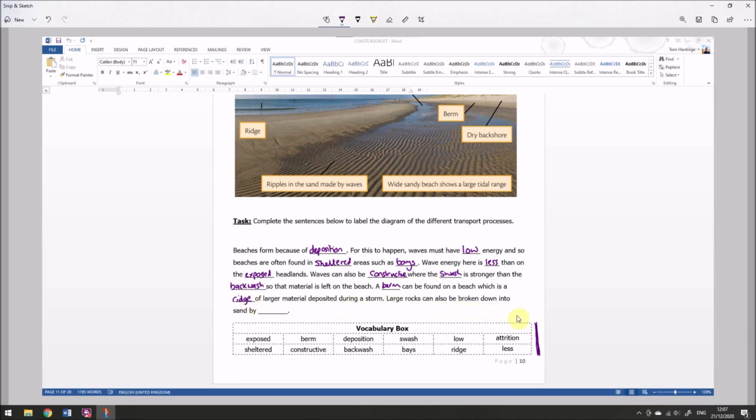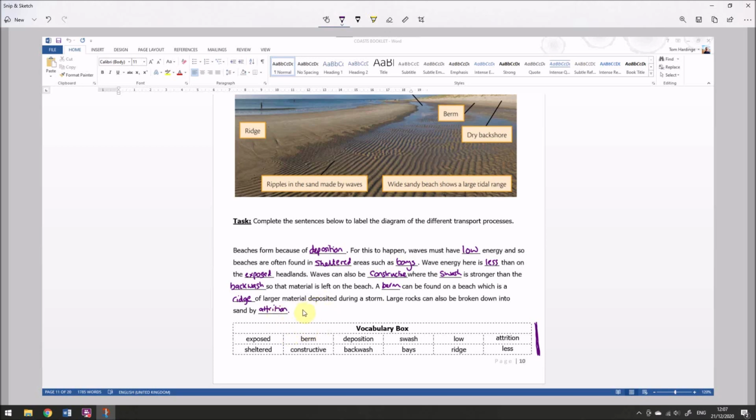Large rocks can also be broken down into sand by attrition. Any rocks that do fall off of cliffs or are washed onto the beach are gradually going to be broken down and ground down into very small particles of sand as a result of that process of attrition.